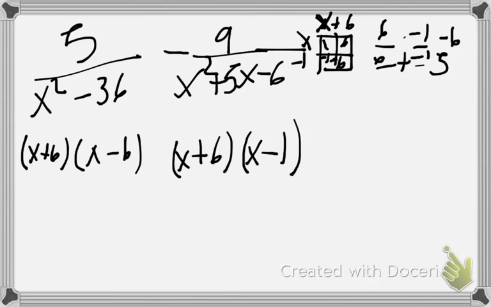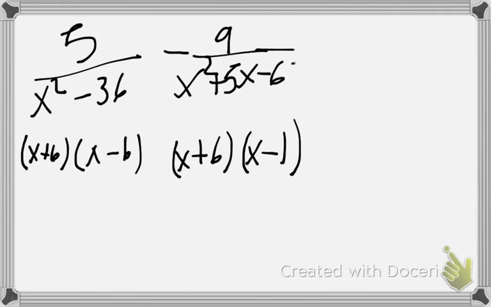Okay, and we're going to erase this over here to give you some more room, but you should already know how to factor. I shouldn't need to tell you how, but just in case, that's kind of a quick summary on how I like to do it. Okay, so next we're going to set up our factored expressions.